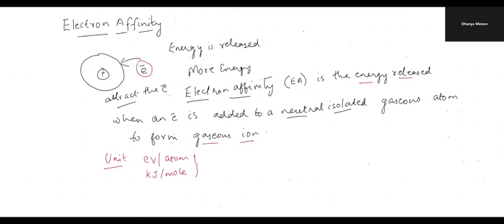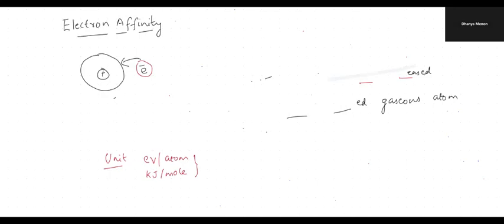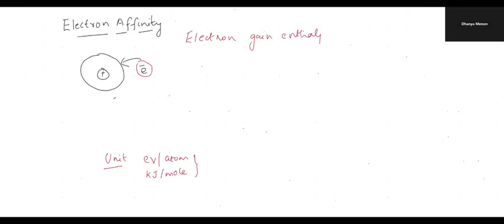Now, coming to the next topic related to electron affinity, which is electron gain enthalpy. Sometimes they use the term electron gain enthalpy, delta H eg. Suppose I have an atom in the gaseous state.